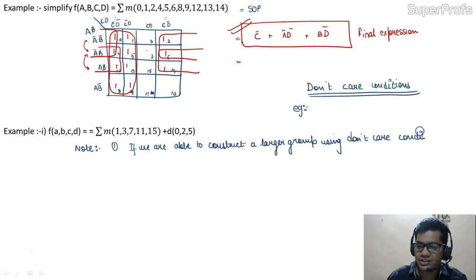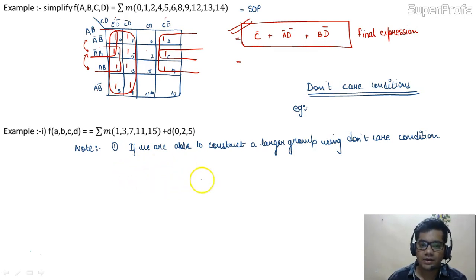In don't care conditions, the value can be either 0 or 1. So we are not very much concerned about these conditions. We are just representing them with a cross sign.